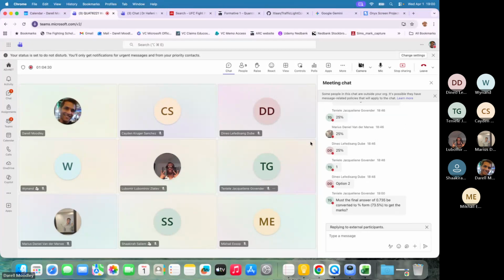Questions? What's the final answer? That's a good question. You can leave it as 0.0735, but it's good practice to express it as a percent. So Tennille, I would recommend converting it to a percent, but you won't get marked wrong. If you leave it as a decimal, it's perfectly fine.